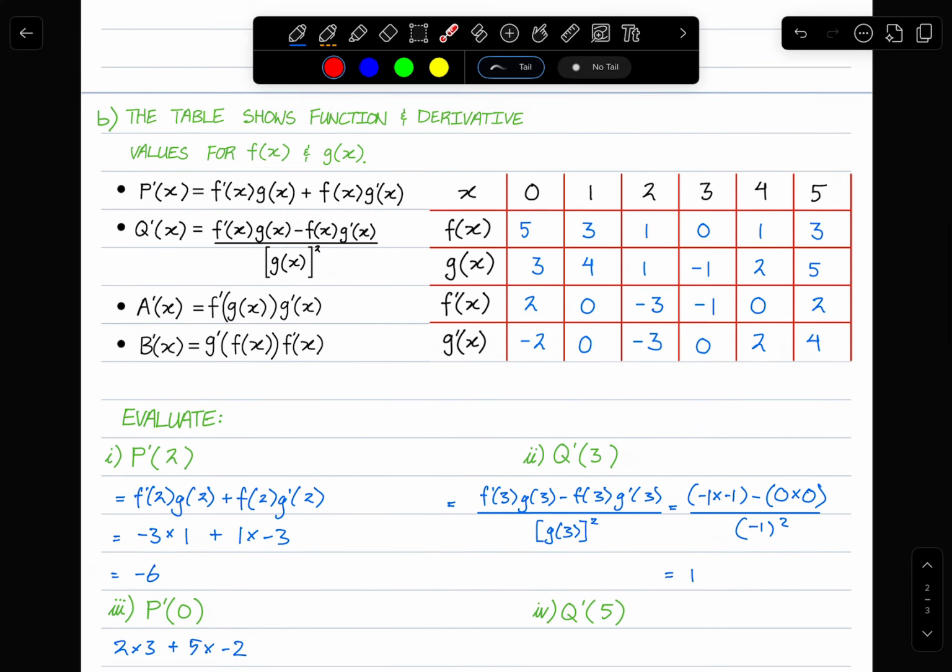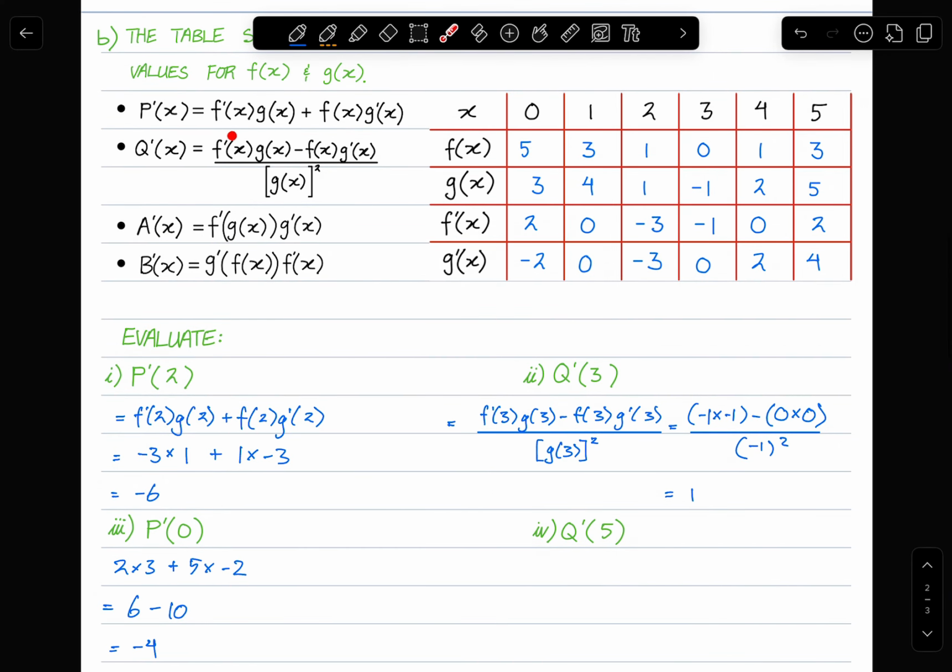Q prime of 5, the quotient of 5, so we're looking at this column here. F prime of 5 is 2 times G of 5 is 5 minus F of 5 is 3 times G prime of 5 is 3 times 4.